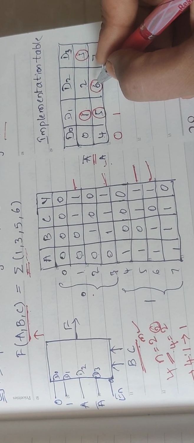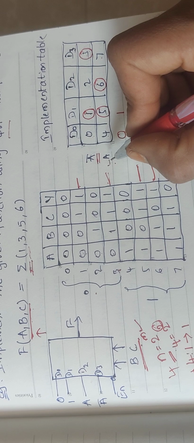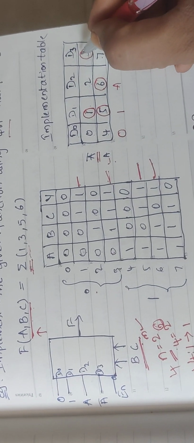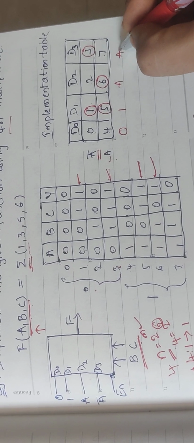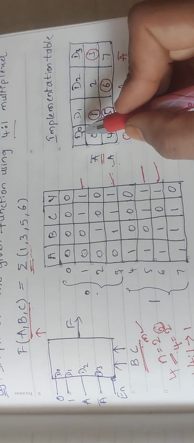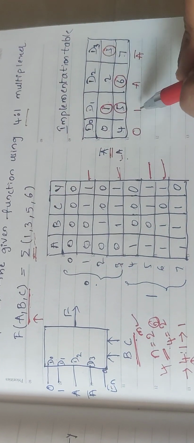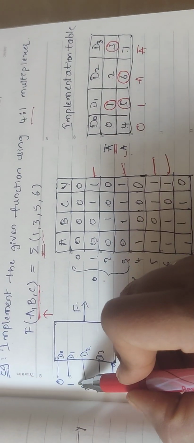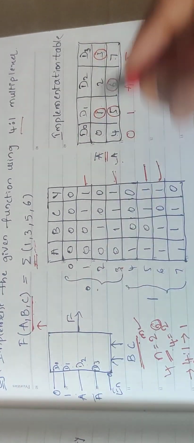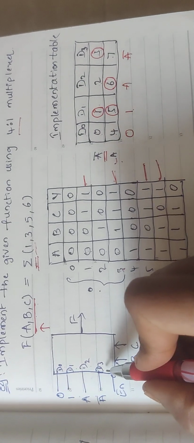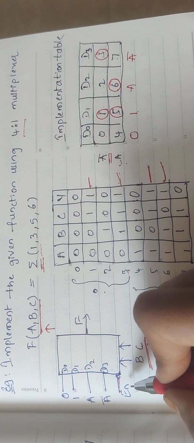If only one circle is there, then for that one circle the corresponding row value is A. And here only one circle is there, the corresponding value is A bar. Now the D0 value is 0, D1 value is 1, D2 value is A, D3 is A bar, and this one is the active low enable.